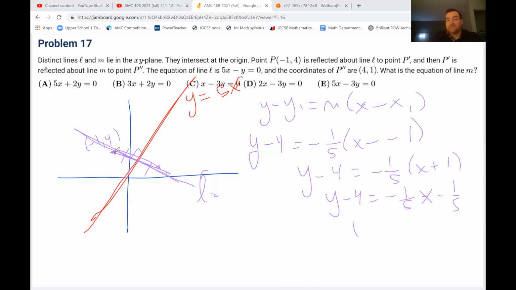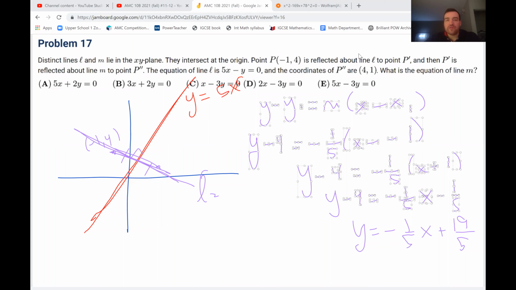If we simplify this, we get y equals -1/5 x plus 19/5, because it's 4 minus 1/5, which is 20/5 minus 1/5, which is 19/5. So that's the equation of the perpendicular bisector.